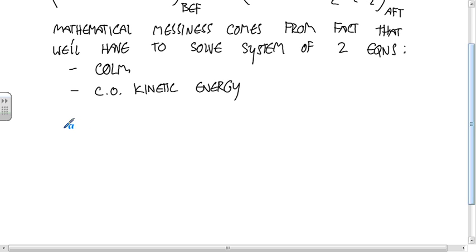So here's a general method you can use for elastic collisions. And I should say, we're only going to be doing one specific type of elastic collision. So I'm going to say this is a method you can always use in this class, but there are other types that we're just not dealing with.